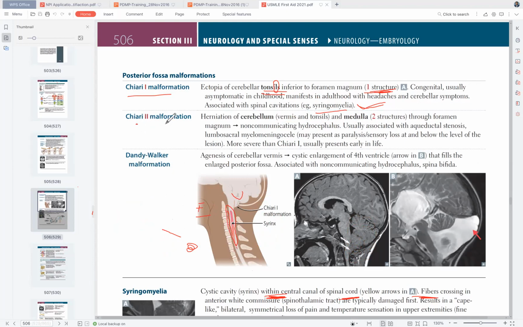Now Chiari two is two things that are missing, and this is associated with the spina bifida, which is the myelomeningocele. So that's what you also want to remember. Chiari two is myelomeningocele, and Chiari one is associated with syringomyelia.